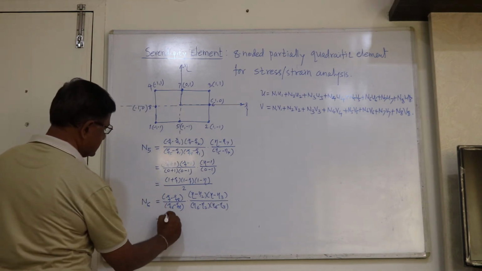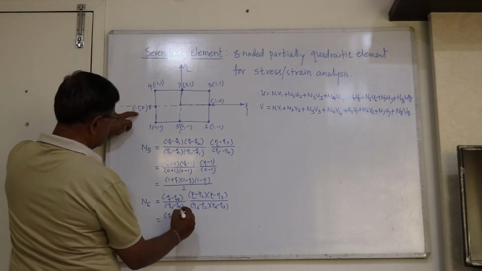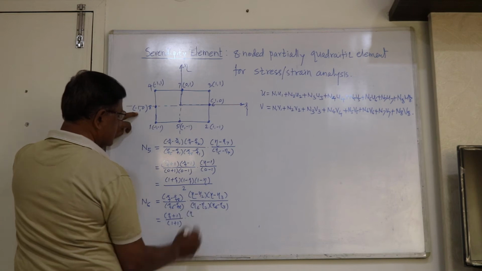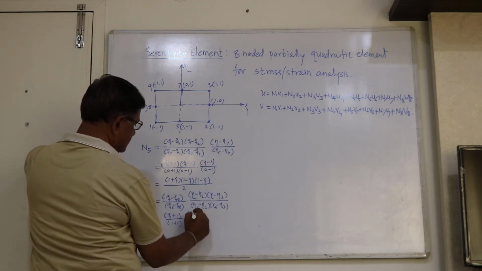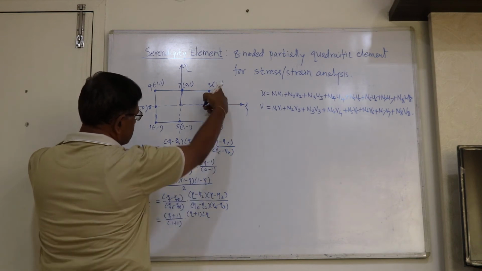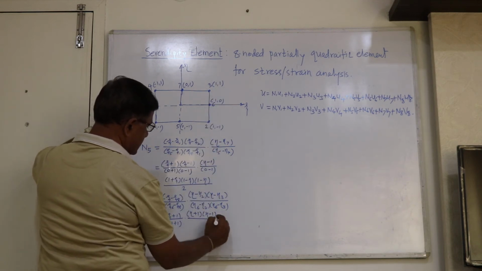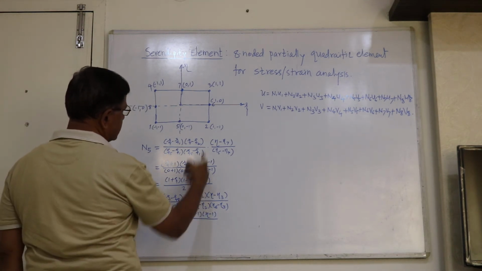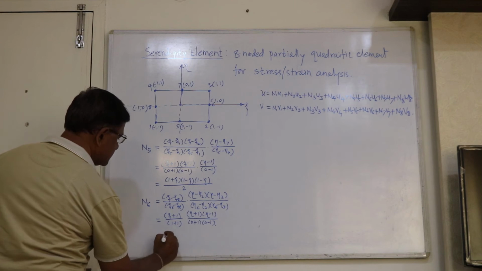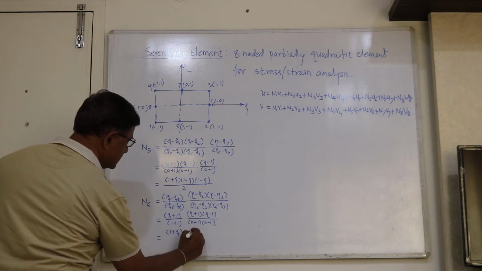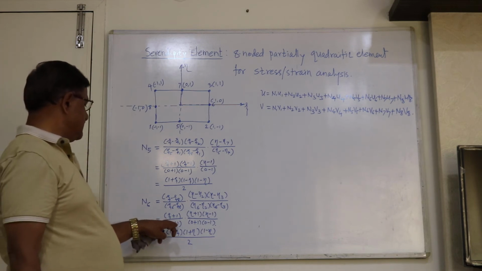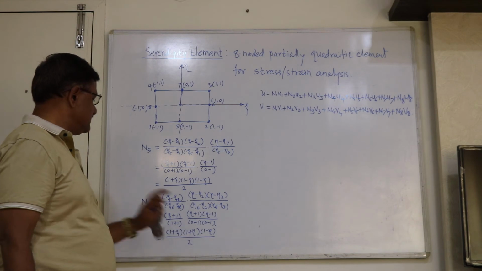Now substituting coordinates, this is xi minus xi8 is xi plus 1, xi6 minus xi8 is 1 plus 1, eta minus eta2 is eta minus 1, now eta minus eta3 is eta plus 1, divided by, now eta6 is 0, 0 minus 1, 0 plus 1. So this becomes 1 plus xi, 1 plus eta, 1 minus eta divided by 2. So this denominator, this is 1 plus 1 is 2, minus 1 times 1 is minus 1, and this minus, it becomes plus.